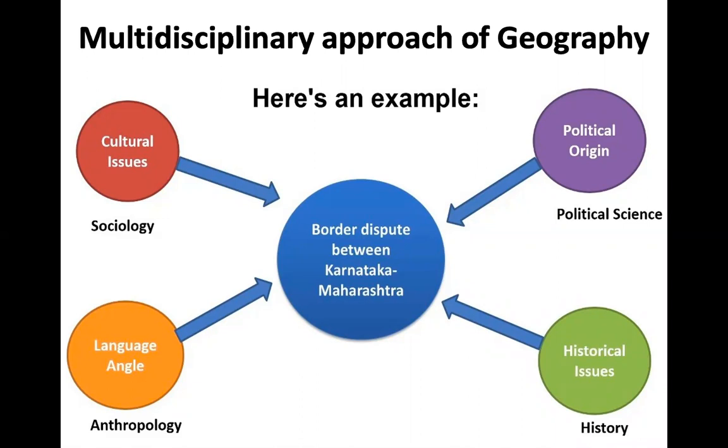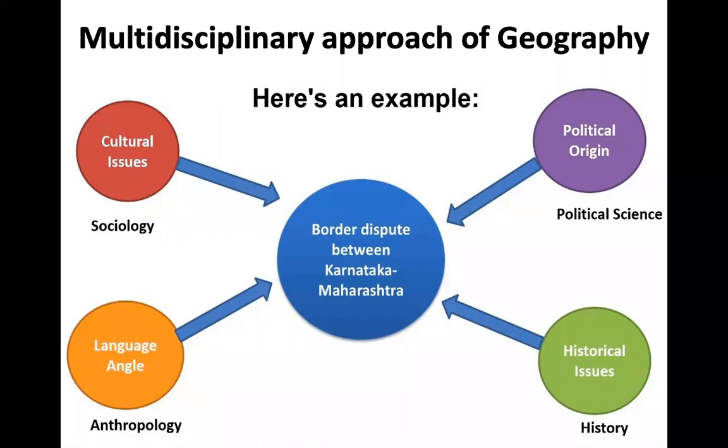The people residing in that particular zone have their own way of living. They have their own language. They have their own tradition. That means anthropological study is important. So sociology, anthropology.